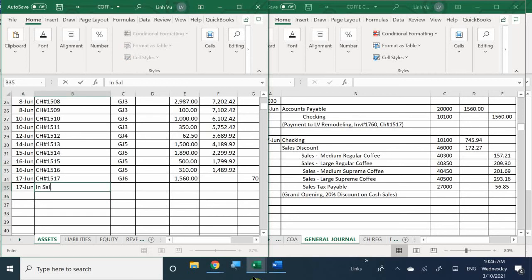That way, it makes it easier for you to recognize that these are cash that you've deposited for the in-store sales. General journal number 6. And for what amount did I debit my account? 745.94.